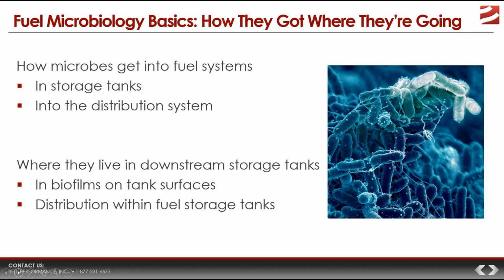Now, as for the field distribution system, everything upstream of that, you start with the baseline that when the fuel's put together at the refinery, it starts from a sterile state because the high distillation temperatures that are used to produce the feedstocks sterilize them.